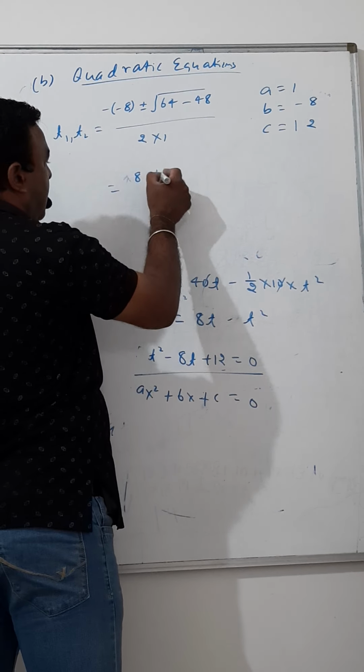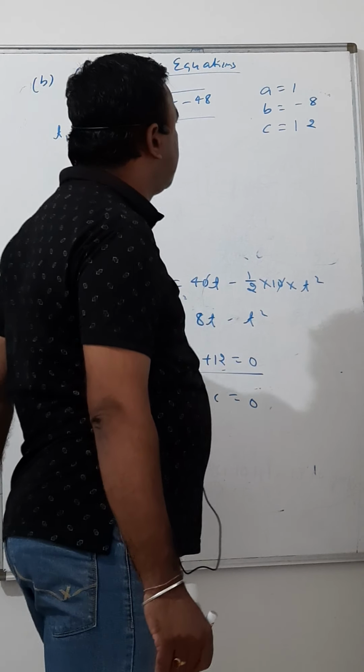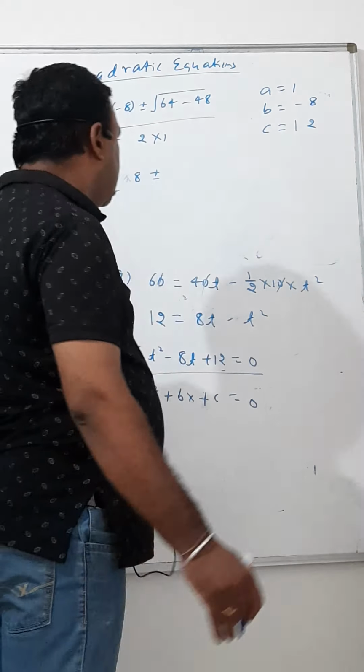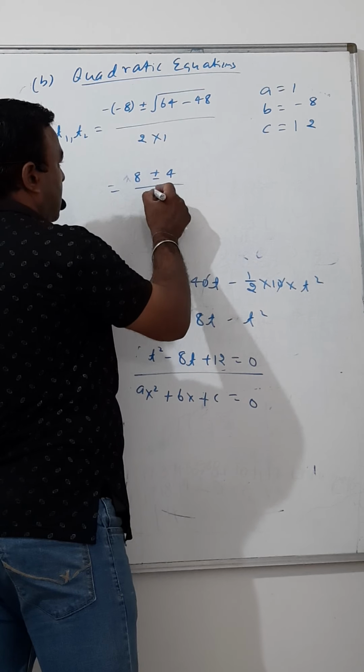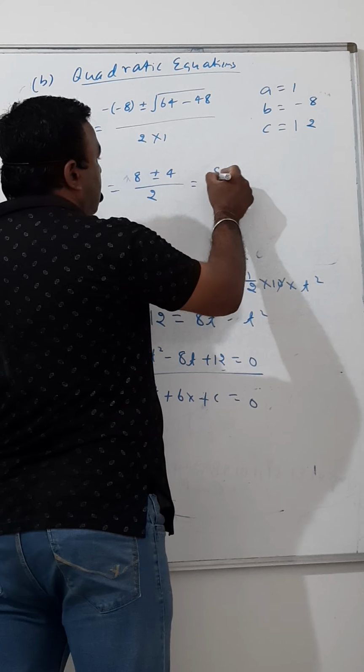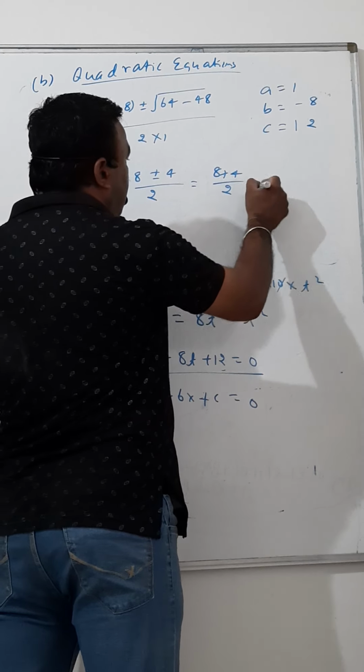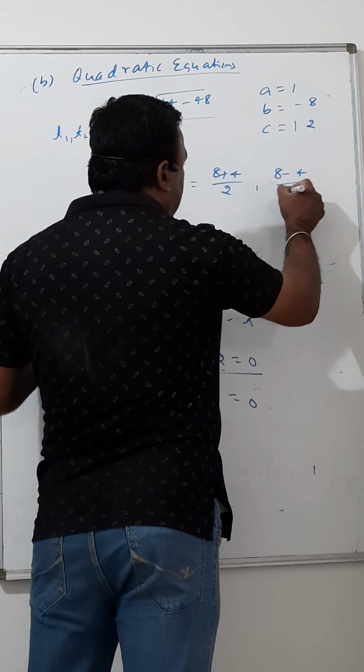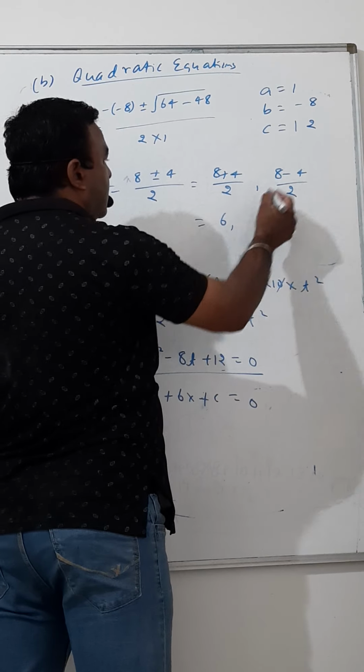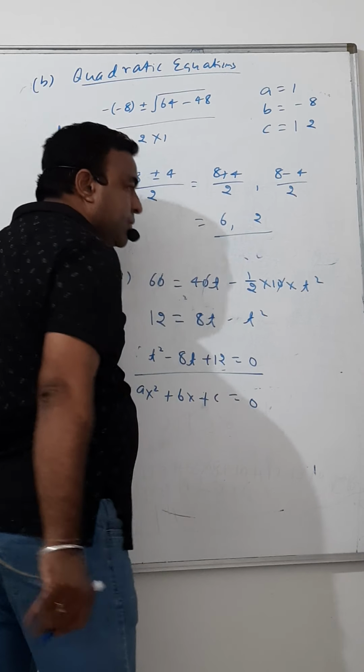It is 8 plus minus the square root of 64 minus 48, which is 16, root of 16 is 4, by 2. Taking the positive sign and then the negative sign, it is 6, and it is 2.